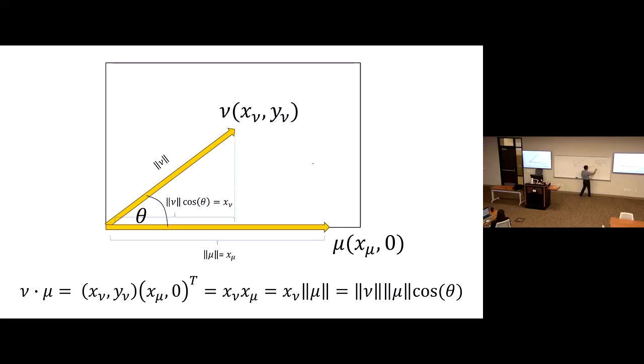Now I'm going to replace this x_v here. So what is this value x_v? It equals the magnitude of v times cosine theta.